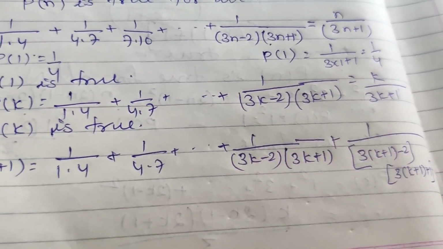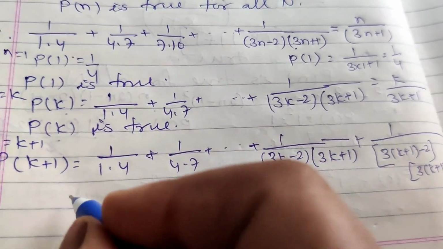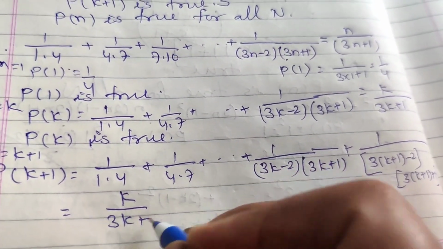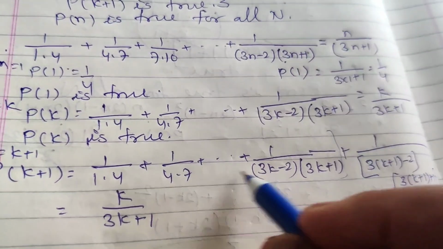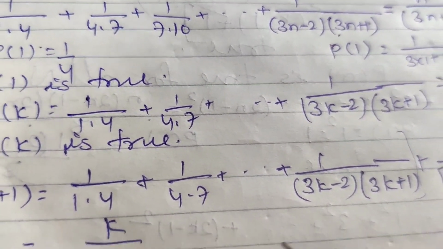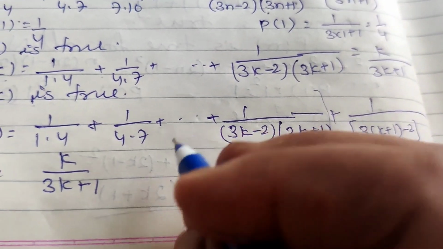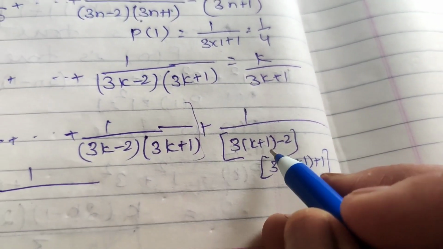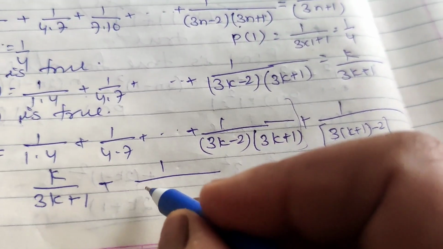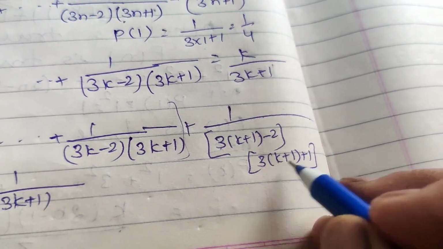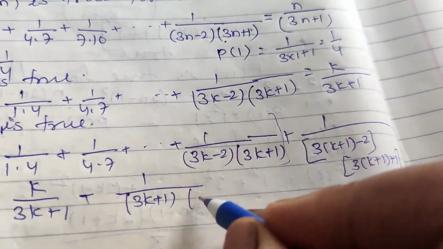The sum of the series up to this is k upon 3k plus 1, and the next term is 1 upon 3k plus 3 minus 2, which is 3k plus 1, and then 3k plus 3 plus 1, which is 3k plus 4.